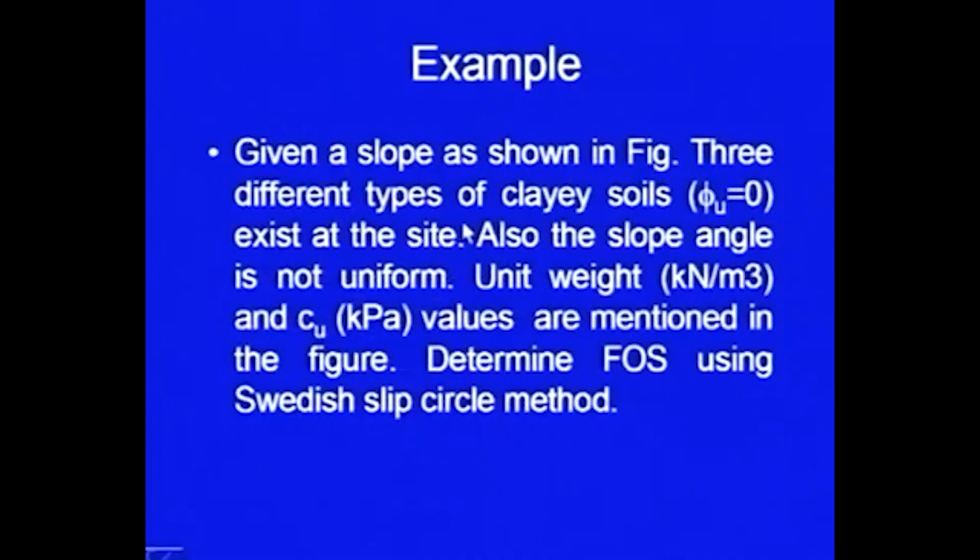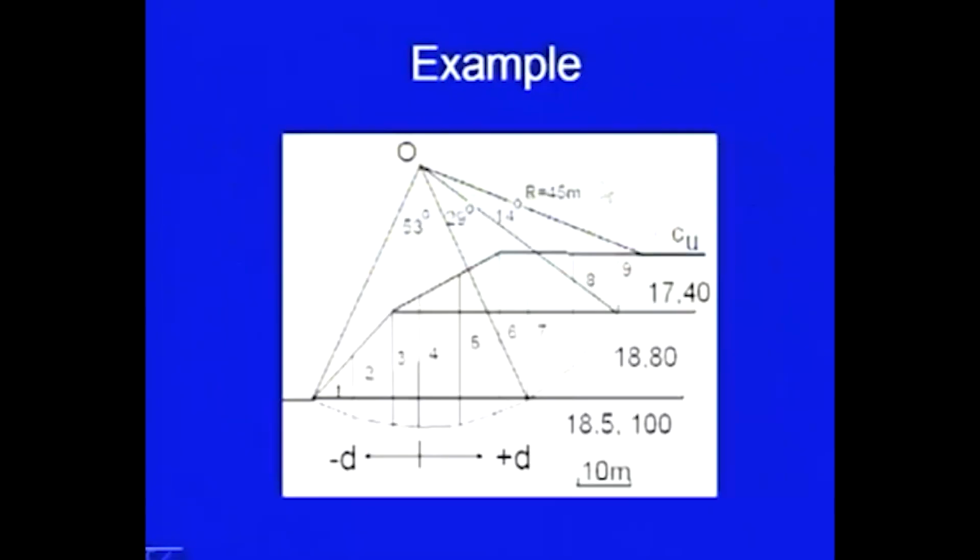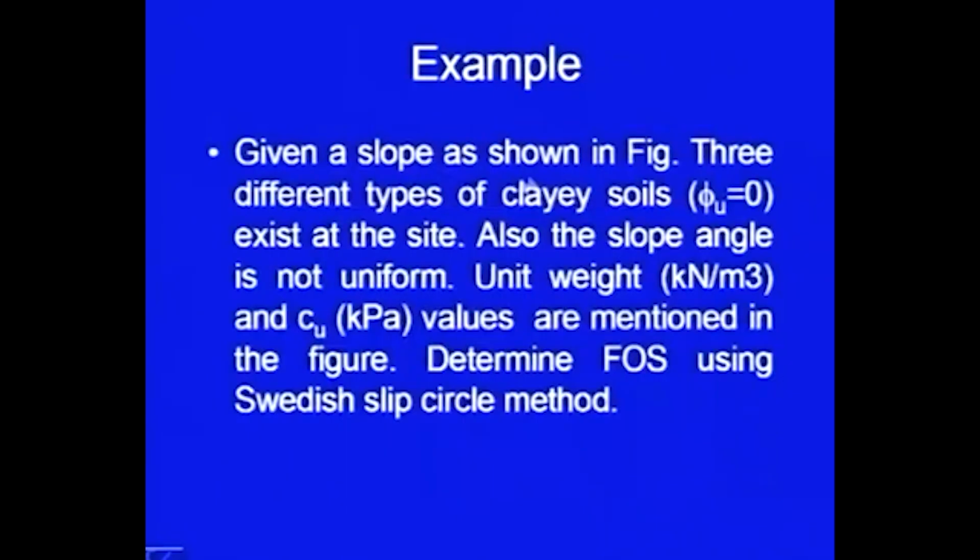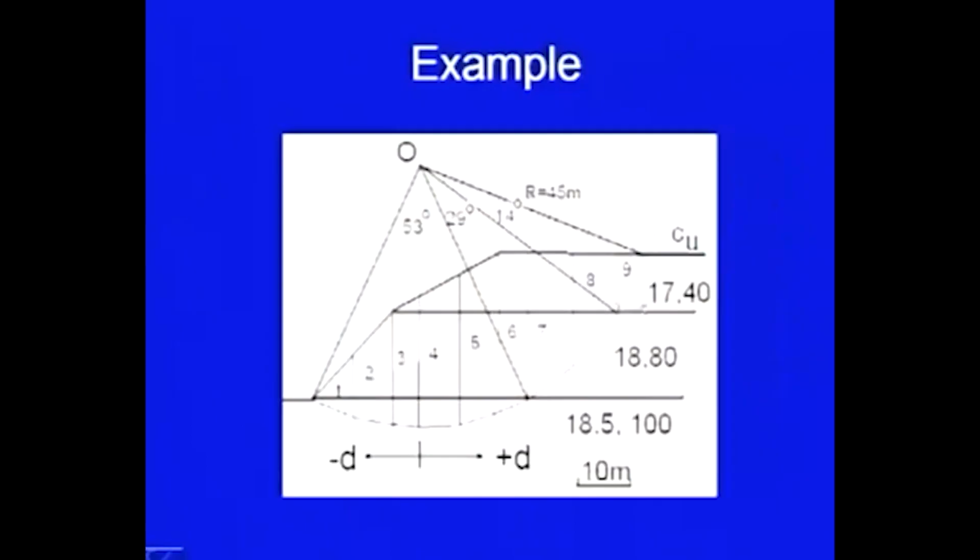Let us take an example. Given a slope as shown in this figure, in this a slope is given. Three different types of clay soils with phi u equal to 0 exist at this site. So, there are three soil types, first type, second one and third one.